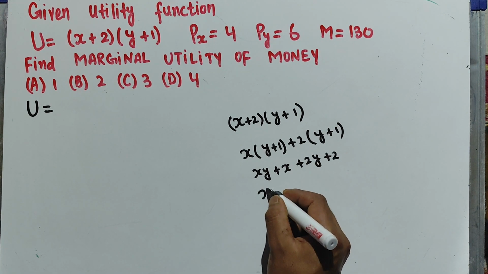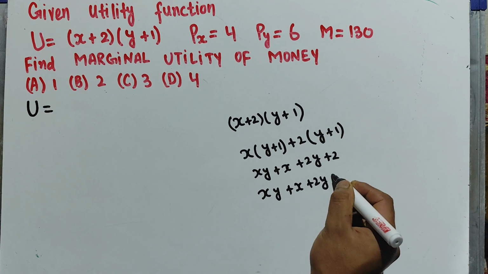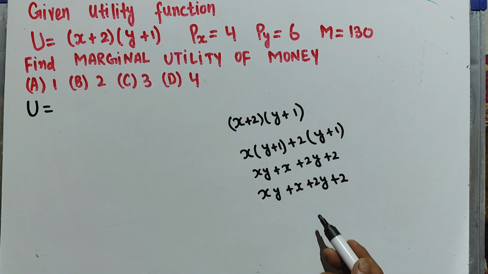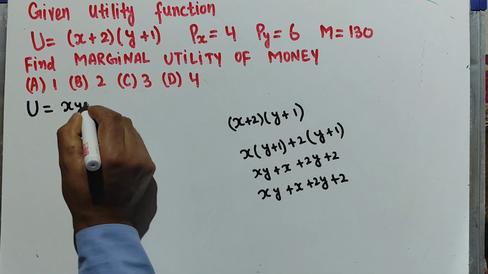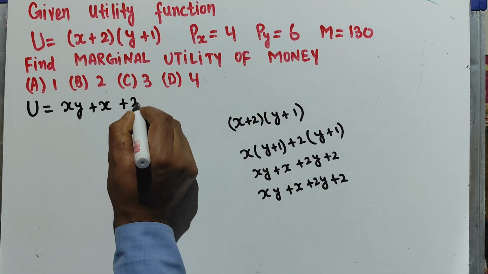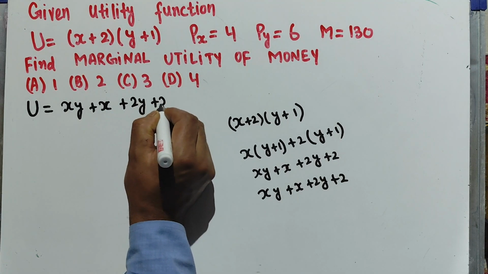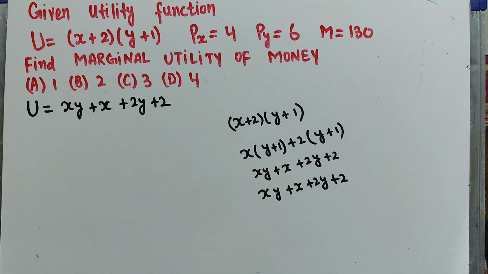So we will get xy plus x plus 2y plus 2. This is our utility function, that is xy plus x plus 2y plus 2. Simply, I have simplified it a little bit.